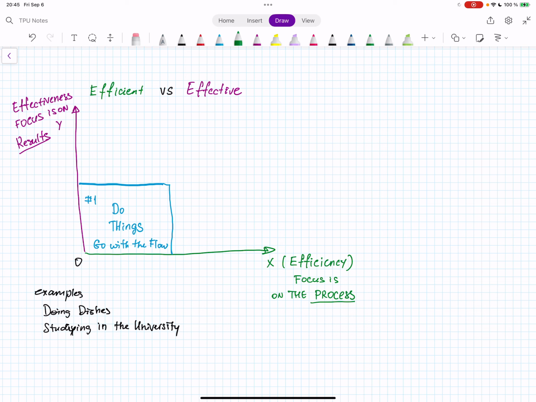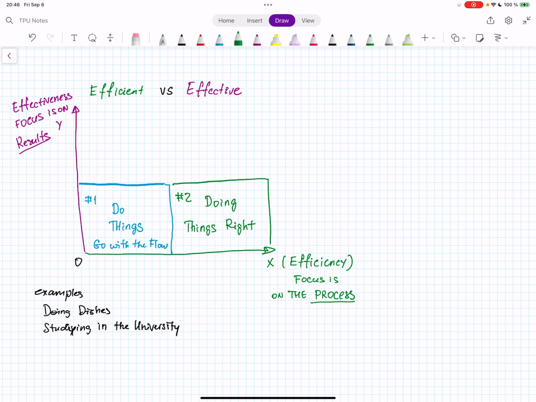Okay, so another group of people, these are process people. These are the people who like to focus on the process. So this is the second group. These are the people who like doing things right. Whatever they do, they try to do it right.